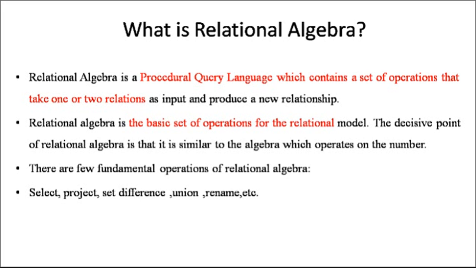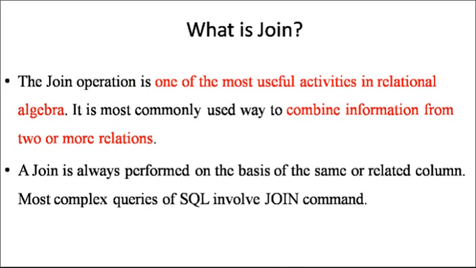The decisive point of relational algebra is that it is similar to the algebra which operates on numbers. There are a few fundamental operations of relational algebra: select, project, set difference, union, rename, etc. What a join is is already over.